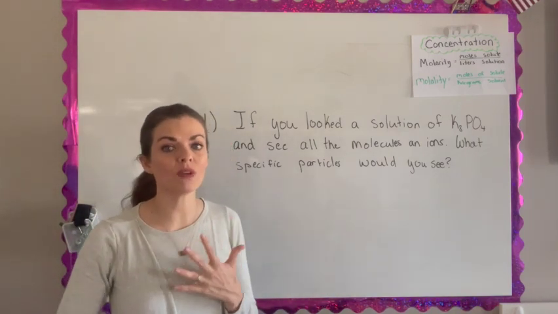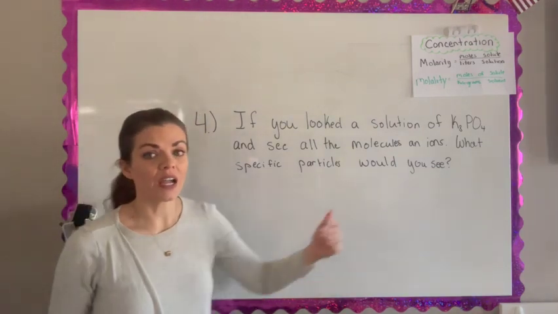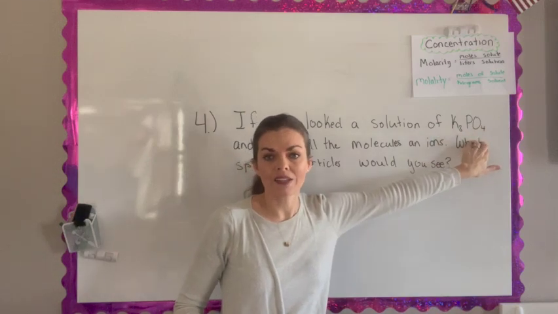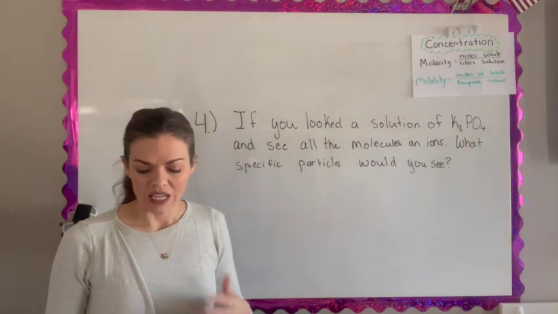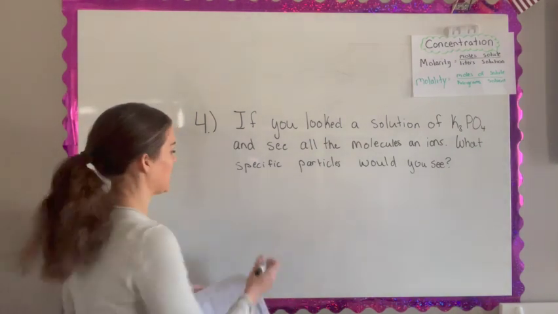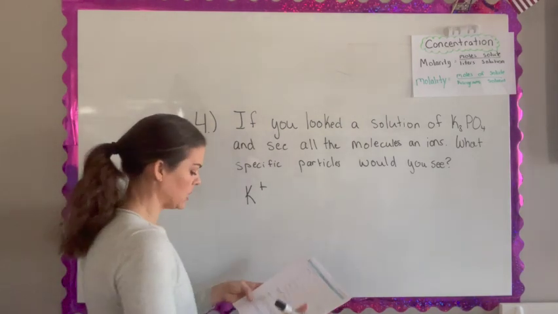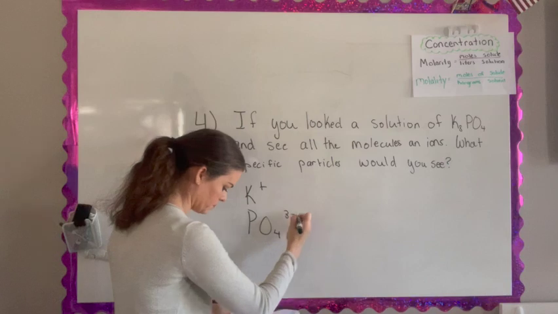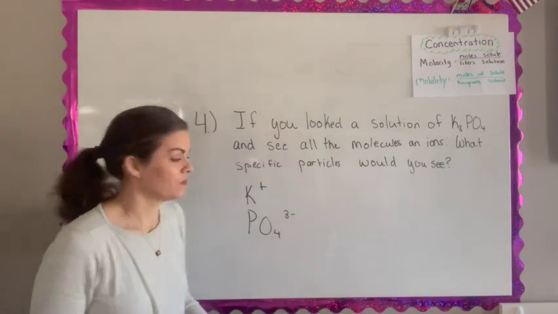Because that tells me if it breaks apart or if it stays as one whole compound. I know that potassium is a metal and this is my polyatomic ion that should be remembered. Since this is an ionic compound, it's going to break apart and I'm going to have some potassium ions in solution, and then some phosphate ions in solution. And I'm also going to have some water.